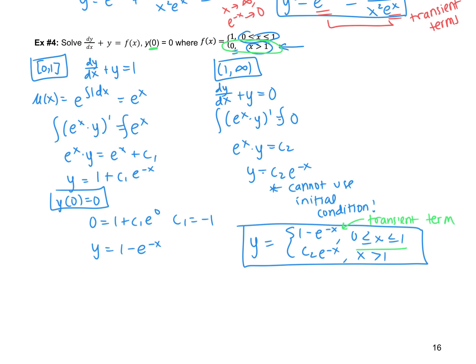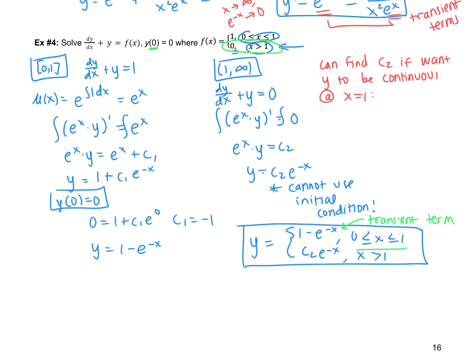Now, is there a way for us to find c2? Well, we could find c2 if we wanted y to be continuous. Specifically, of course, we're concerned at x equals 1.